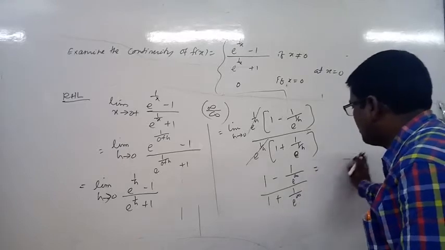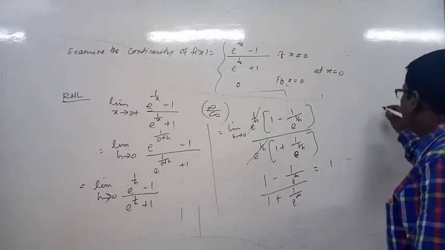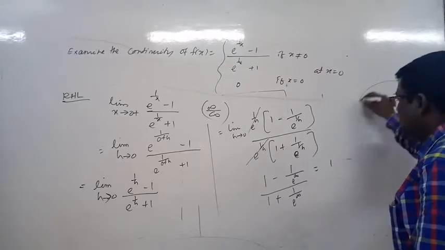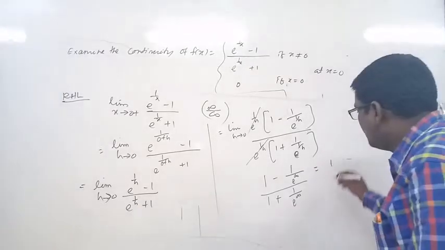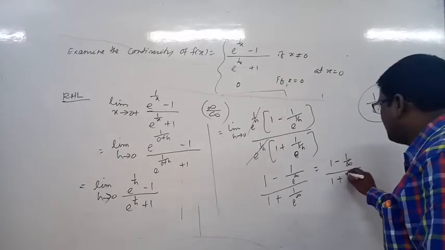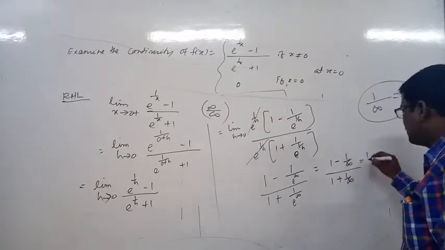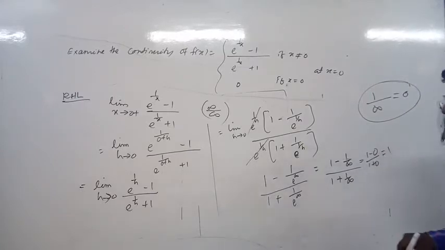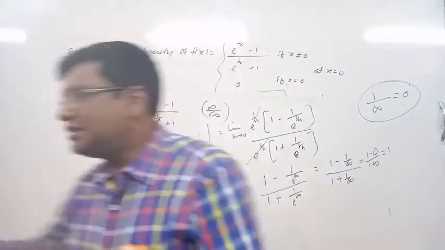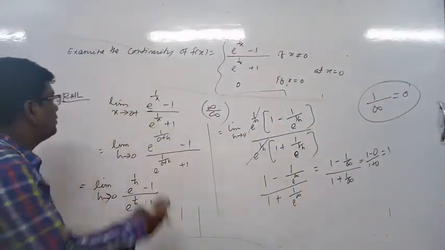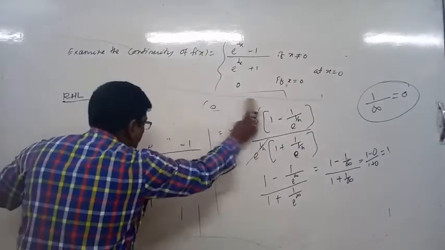This is equal to 1 minus 1 by infinity, which means 0, divided by 1 plus 1 by infinity, which means 0. This is equal to 1 minus 0 divided by 1 plus 0, so the answer is 1. Since LHL is equal to minus 1 and RHL is equal to plus 1, the limit doesn't exist, therefore discontinuous.